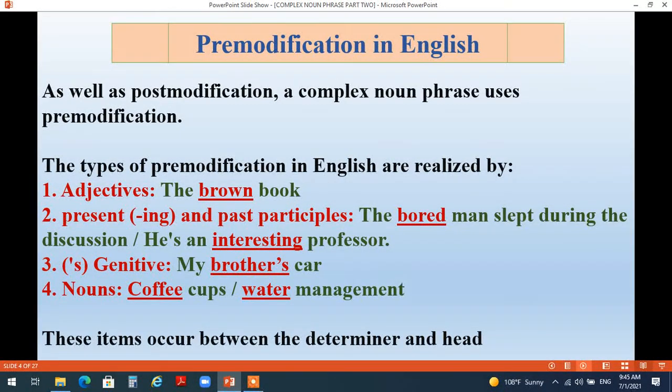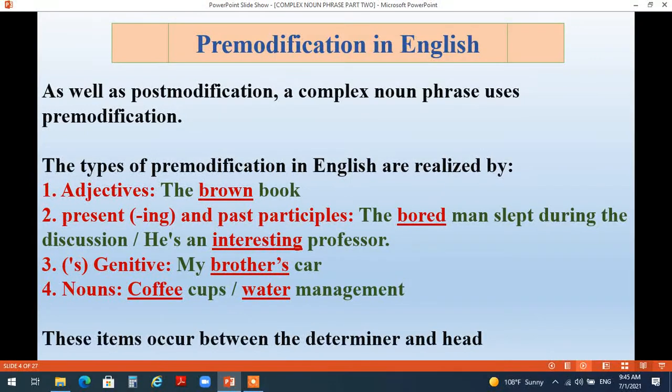So in both cases, we have a complex noun phrase which has been pre-modified by using certain items and also post-modified by using other items.